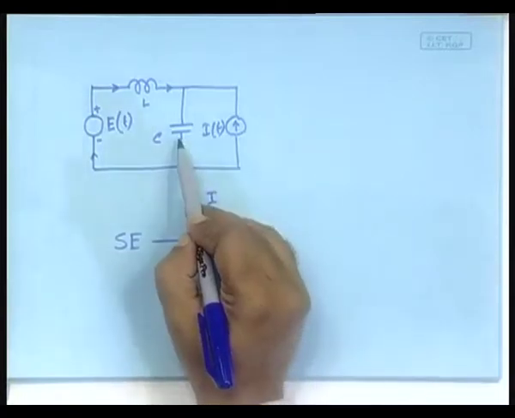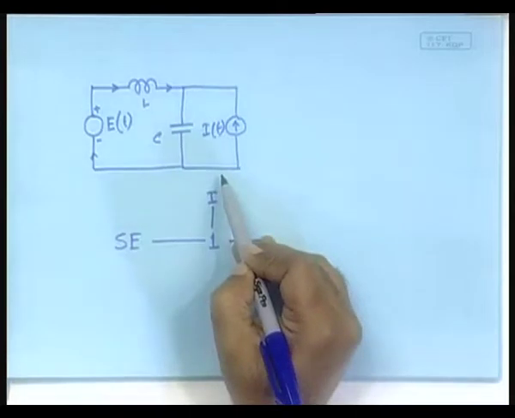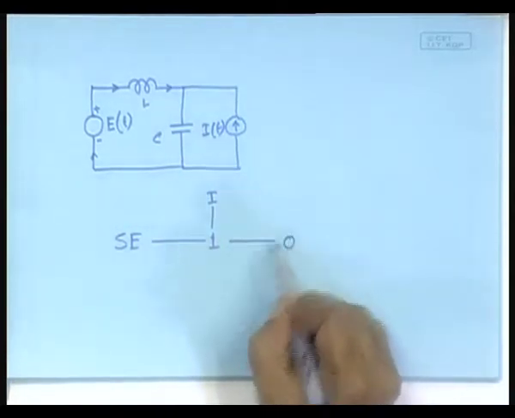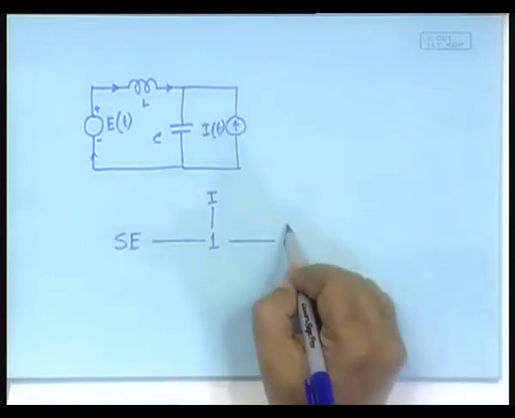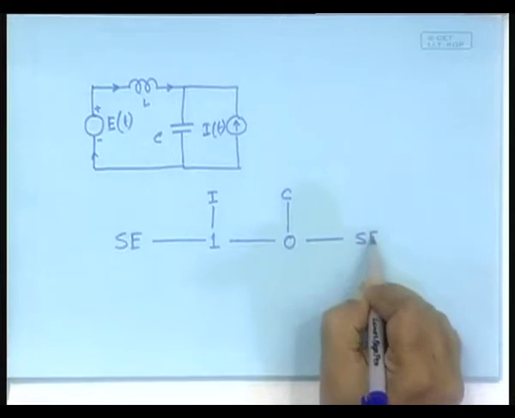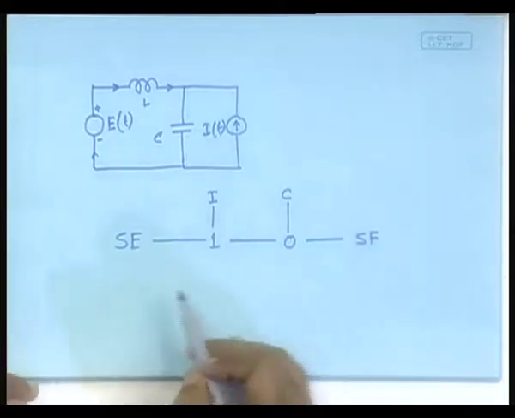All these bonds carry the same flow, but after this, what is it? It is the capacitor and the source of flow in parallel, which are sharing the same effort. So, they will be connected by a 0 junction, and what will be connected to it? C and SF. So, do you notice the argument?